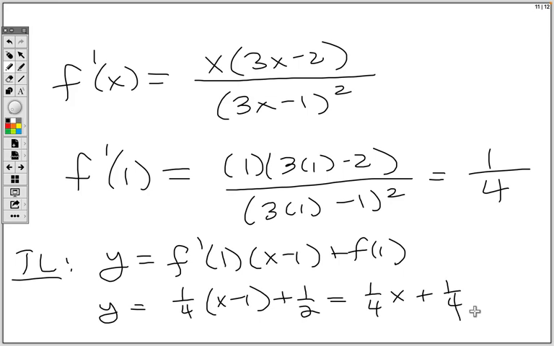And now let's see if this looks right. So how do we check this graphically? If this really and truly is the tangent line, when I graph the original function near the x value 1, the graph of the function and the graph of the line should be indistinguishable.